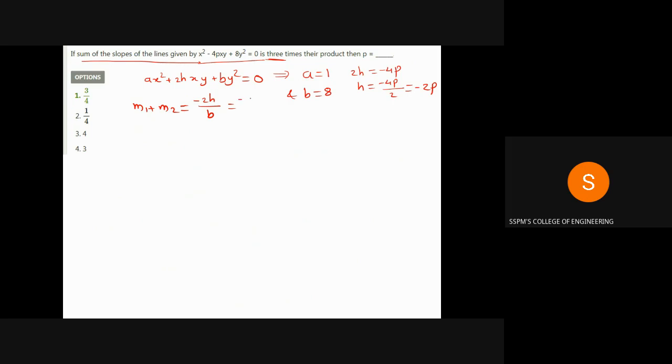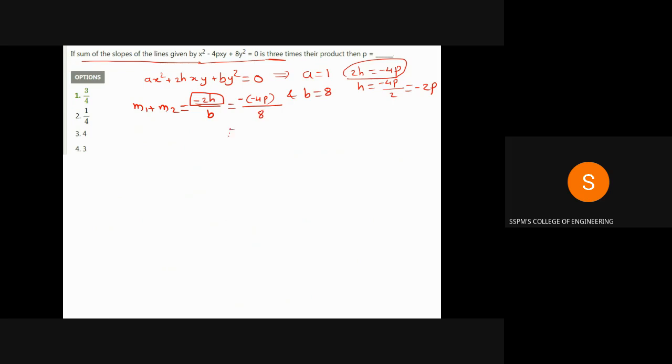Minus 2h is equal to minus 4p, so minus of minus 4p divided by b, b is equal to 8.